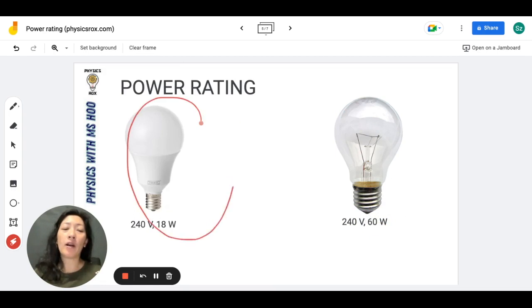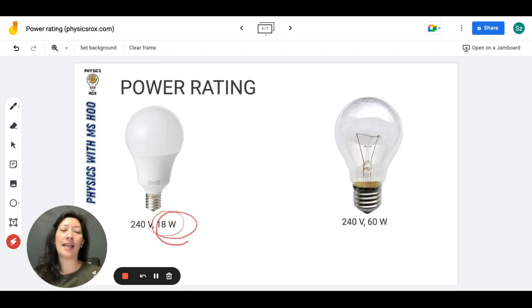So why we call this power saving or energy efficient bulbs is because to produce the same level of brightness, it requires much less electrical energy compared to this.